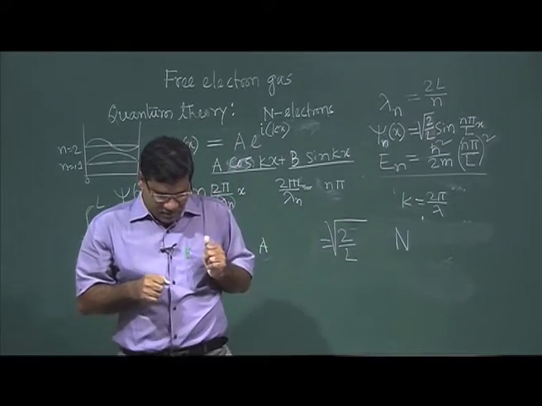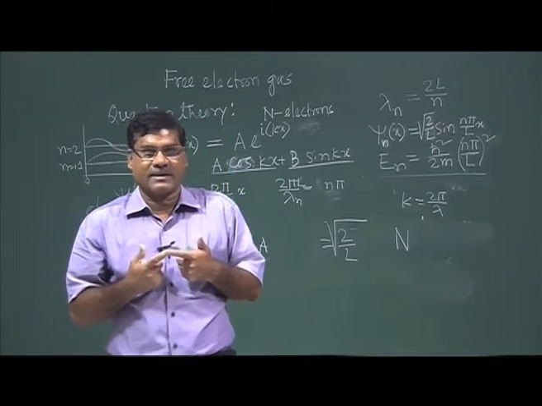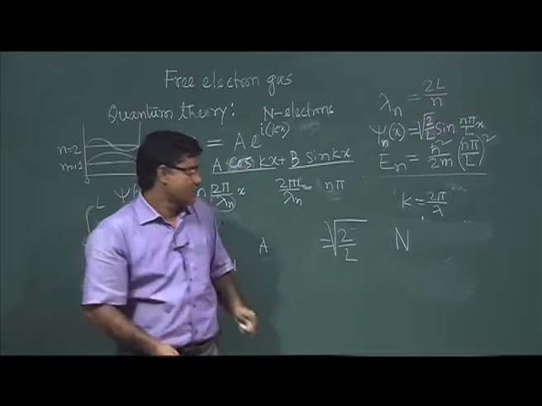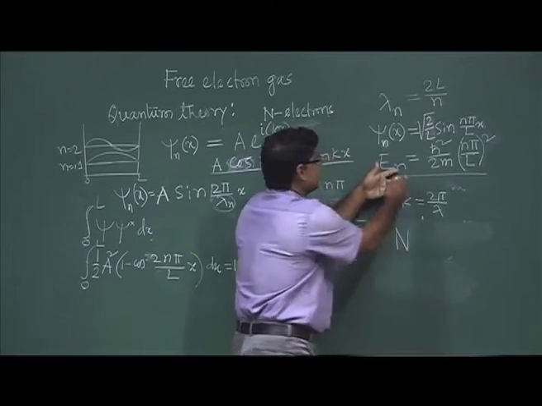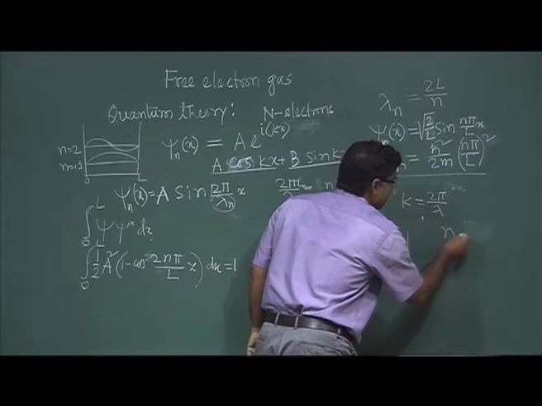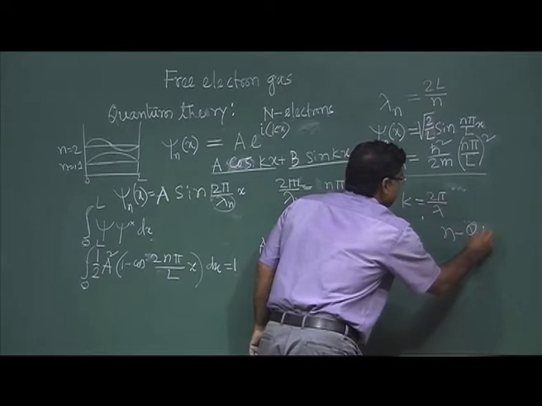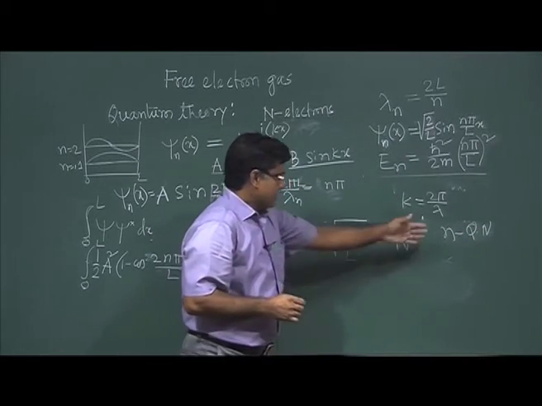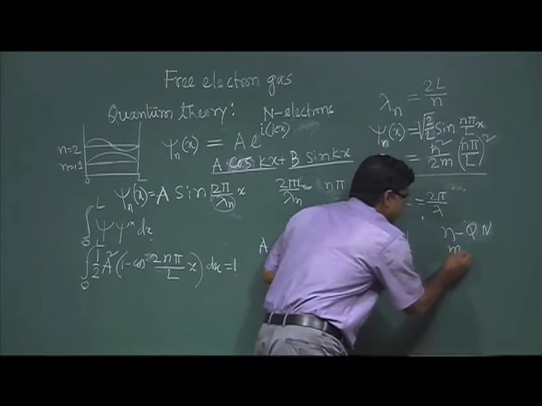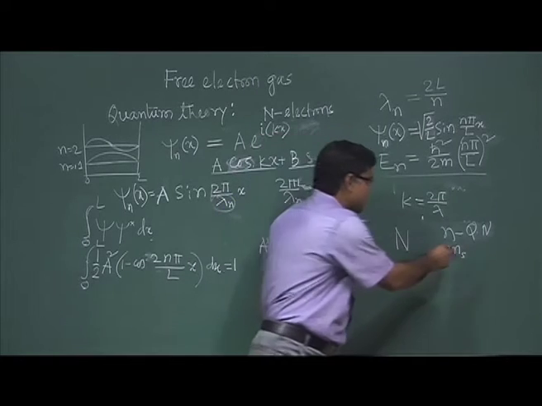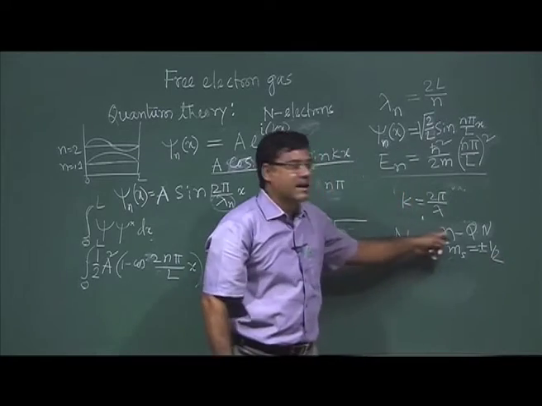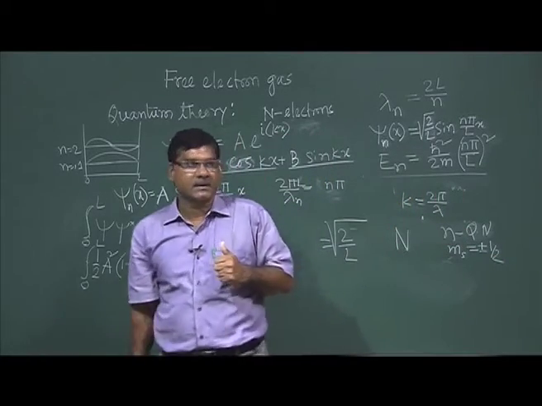Now, here we consider another fact that electrons have two states, spin up and spin down. This is nothing but a quantum number. So, n is the principal quantum number, and another quantum number in our system that we can consider is ms. Ms can have two values, plus minus half, and n can have positive integer values, right.